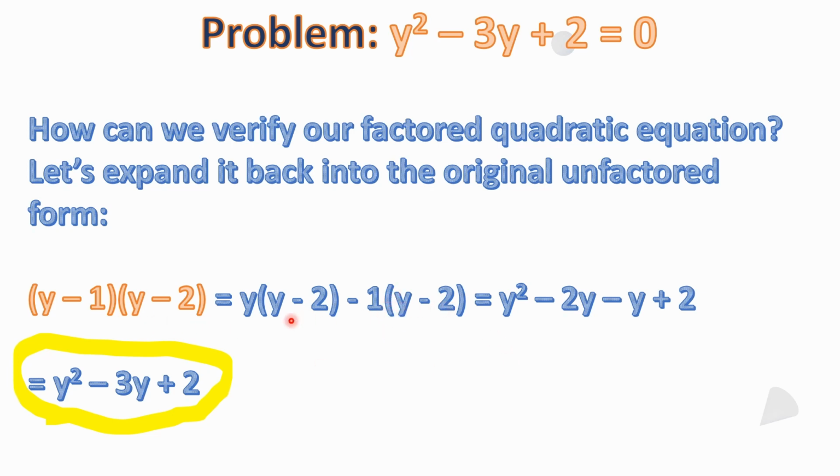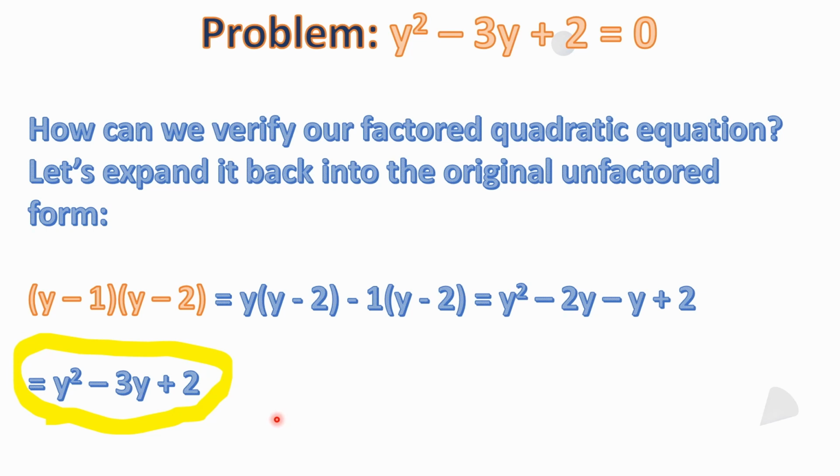When you multiply this back out, it's equal to y squared minus 2y minus y plus 2. And if you simplify this, it becomes y squared minus 3y plus 2, which is exactly what we started with. So that really verifies our factored form.